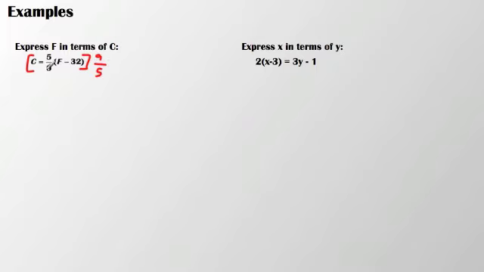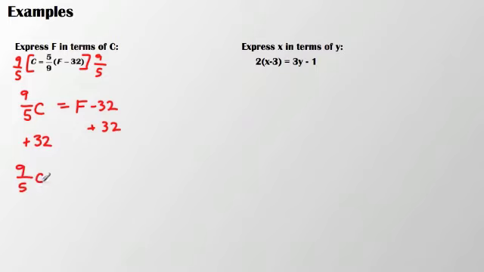In order to do that, I need to eliminate what it's being multiplied by in those parentheses. So now I'm going to get 9/5 C equals F minus 32. Then from here, all I really need to do to get F by itself is add 32 to both sides. And now I have 9/5 C plus 32 equals F.